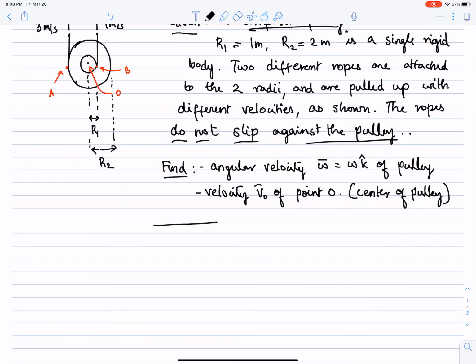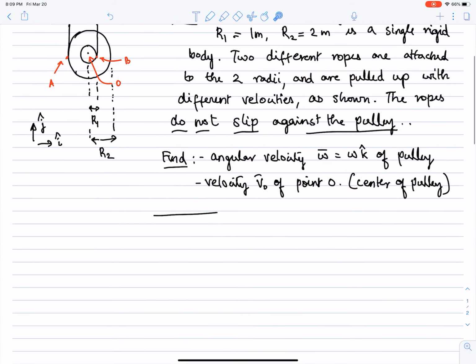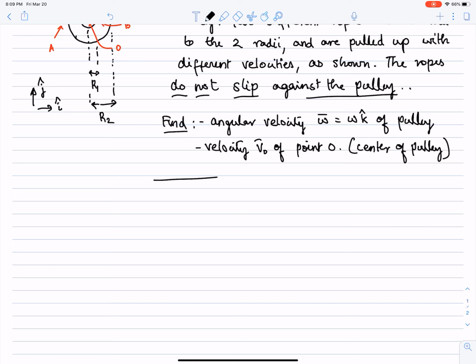Okay, so what do we mean? All that means is that if we say this is J and this is I, the velocity of point A is basically 3 meters per second upward. The velocity of point B on the pulley is 4 meters per second upward. So let's write those things down.